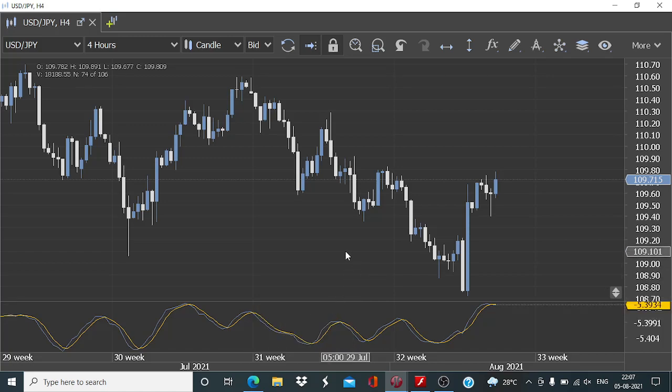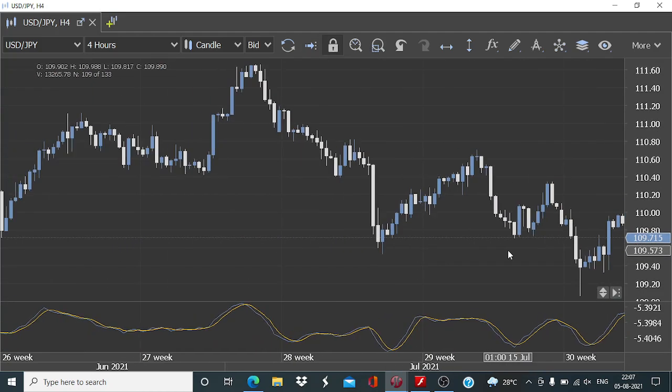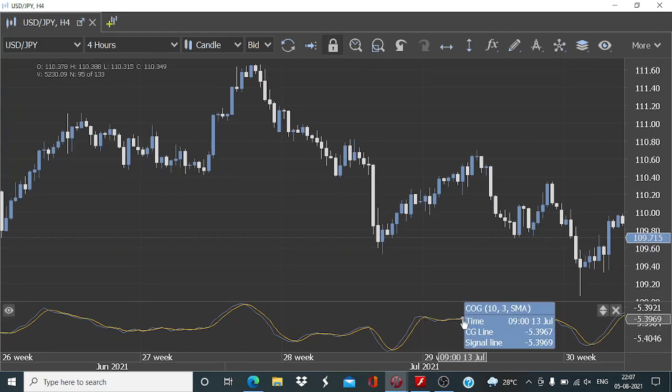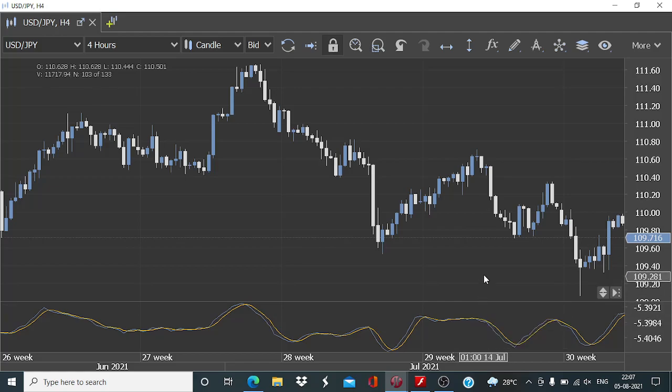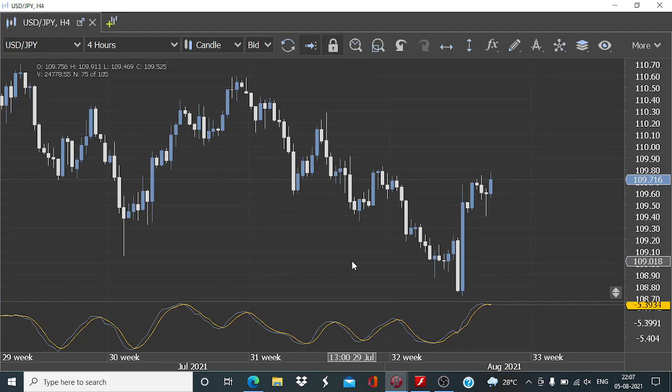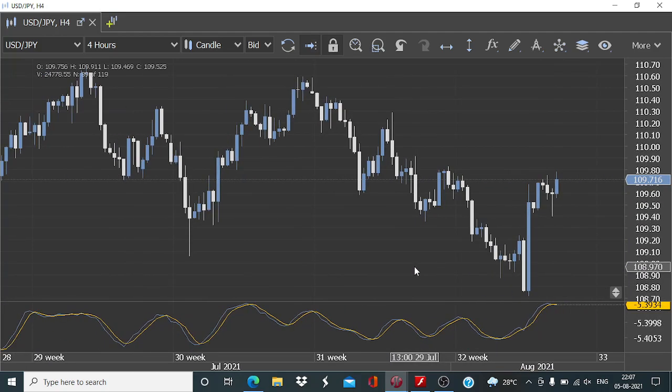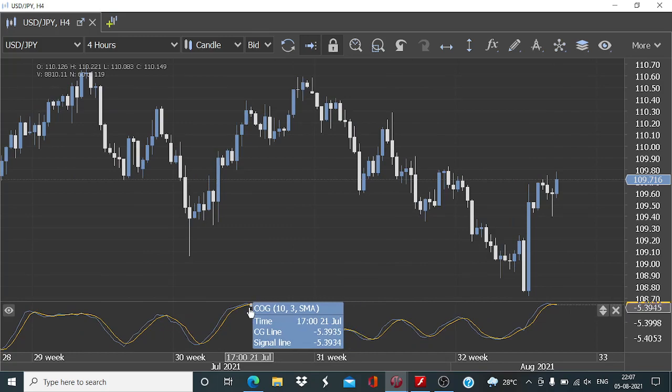And to avoid the consolidation phase, to avoid the situation where in one 4 hourly candle the cross is on one side and in the next 4 hourly candle the cross is on the other side, we will also be comparing the formation a day back.